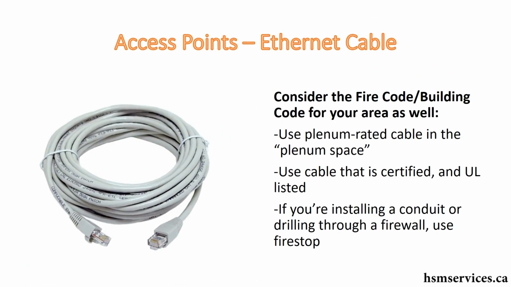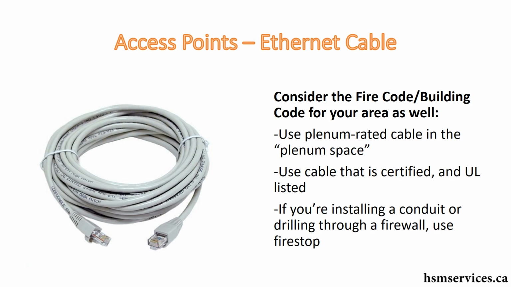And then, of course, you should consider the fire code or the building code for your area, and use cable that's plenum rated when you're running it in a plenum space. So plenum space is anywhere where there's building supply air. So a drywall ceiling, if it's above the drywall ceiling, you probably need plenum cable, and make sure your cable is UL listed.